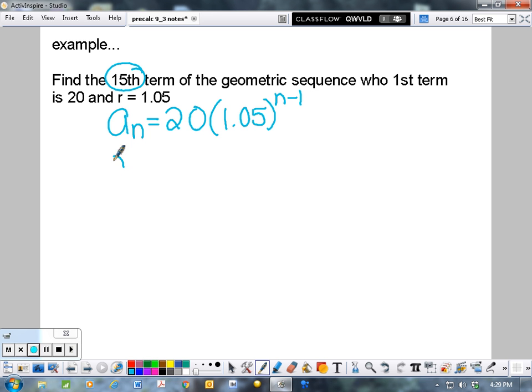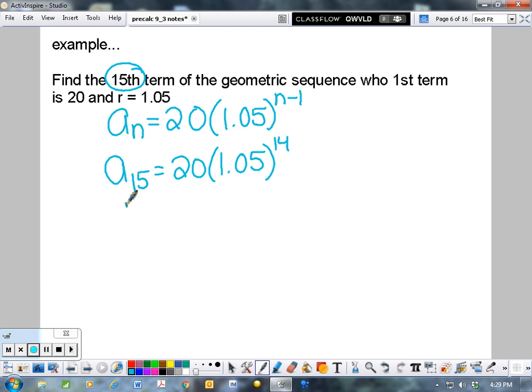So a sub 15 would be 20 times 1.05 to the 15 minus 1 power, so the 14th power. And then on my calculator, I'm going to go ahead and type in 1.05 to the 14th power. And then I'm going to times that by 20.